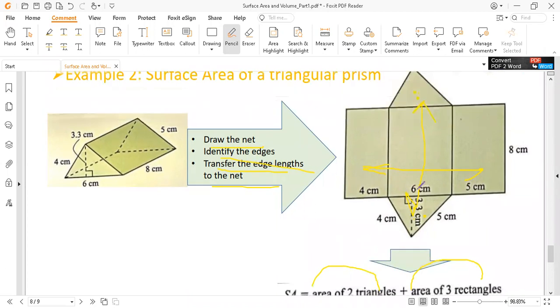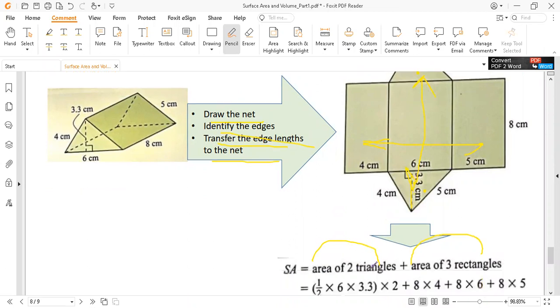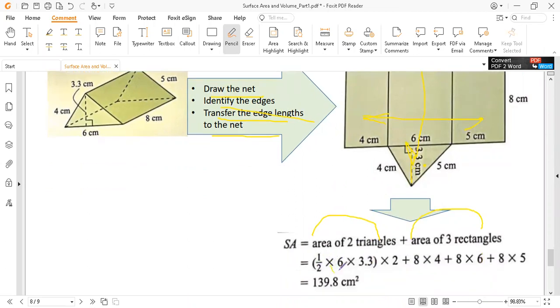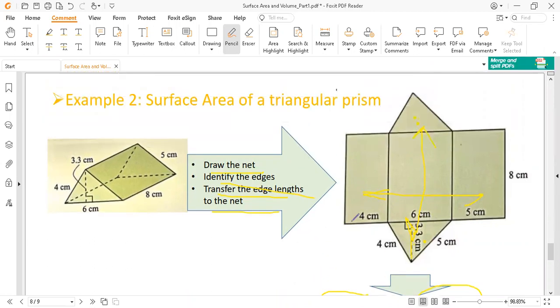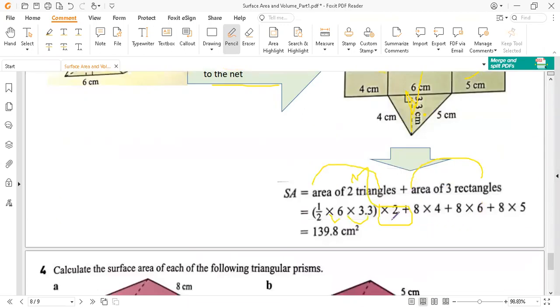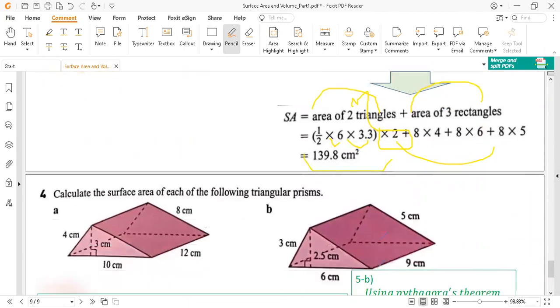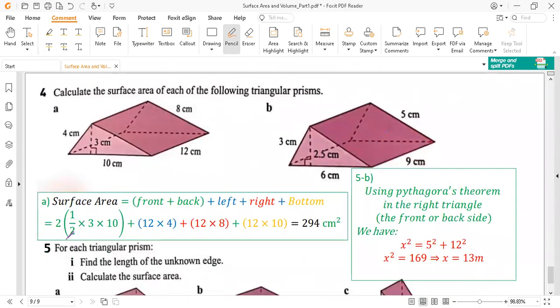The area of a triangle is half the height times the base. So it is 1/2 by 6 by 3, times 2 because we have 2 triangles. For the rectangles, it is 4 by 8, 6 by 8, and 5 by 8, and we add all these numbers to obtain the result.